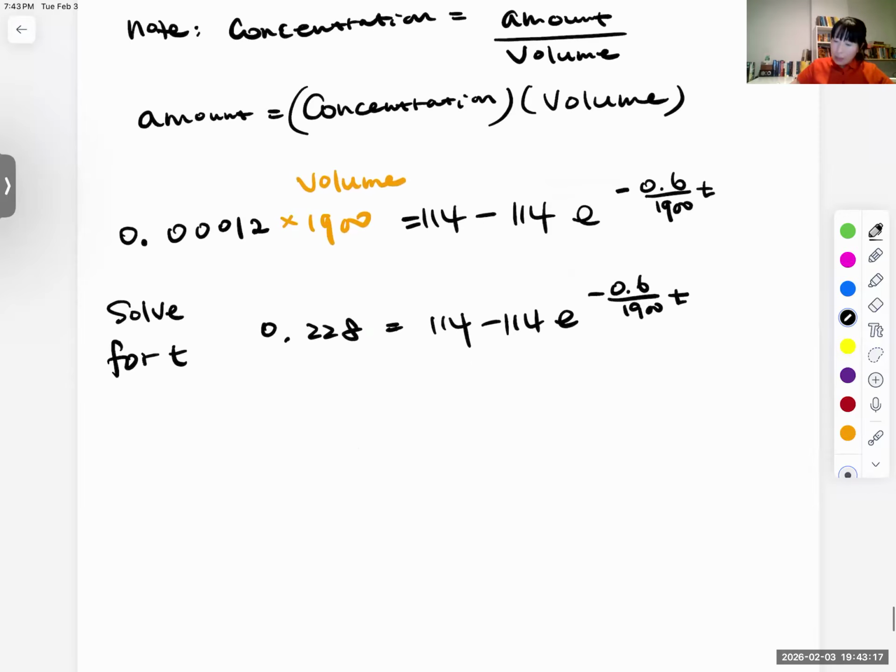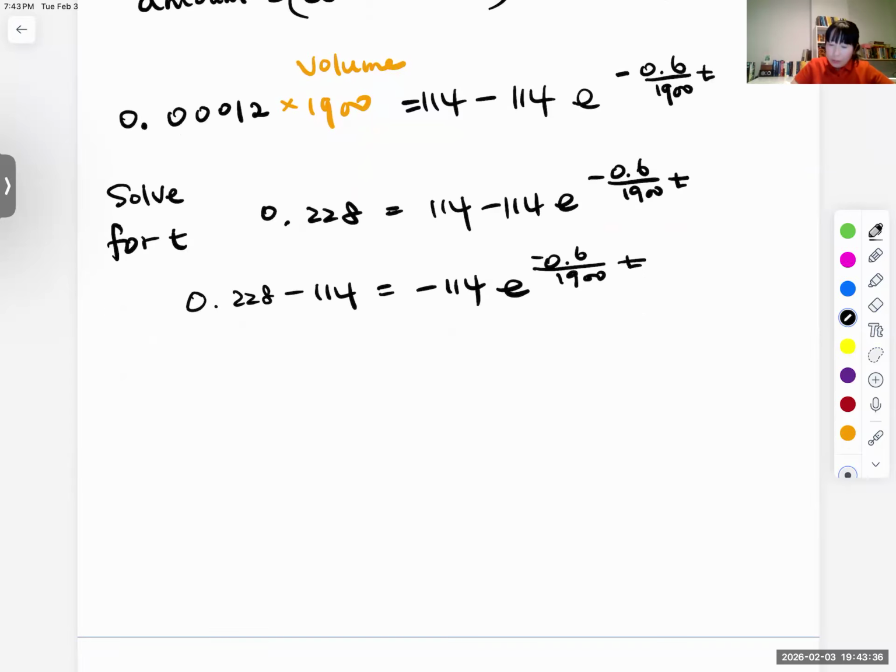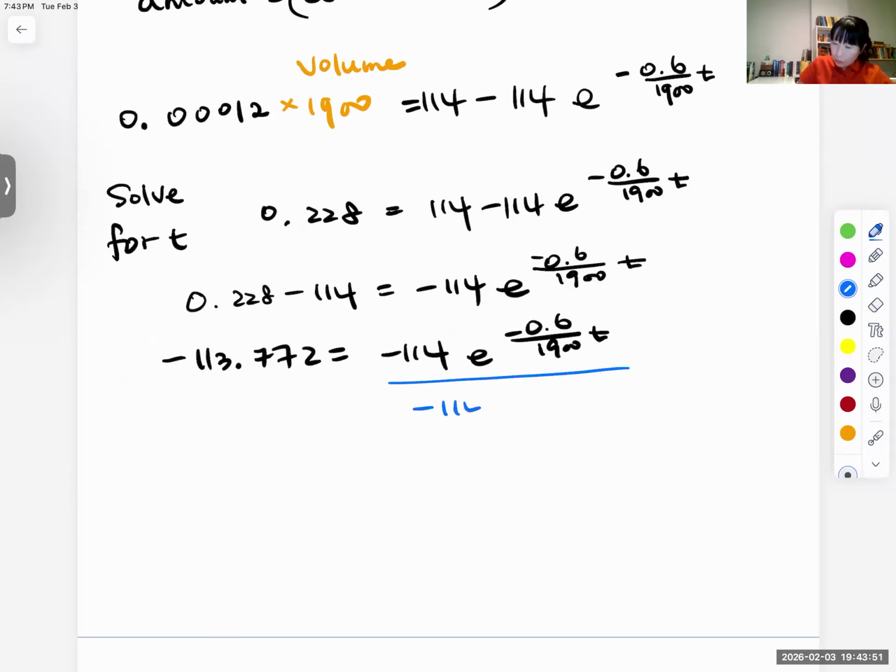1900t. Okay, now we move to this one, right? So we have 0.228 minus 114 equal to negative 114 e to the negative 0.6 over 1900t. Okay, so left side will be negative 113.772, and we divide by negative 114.